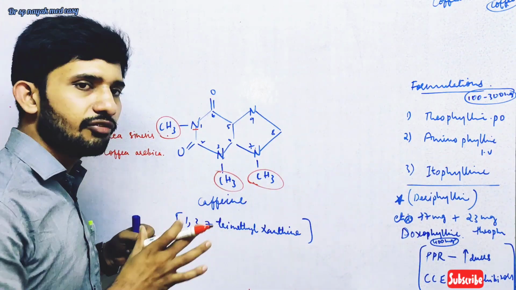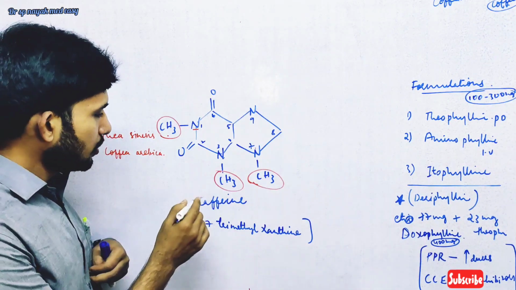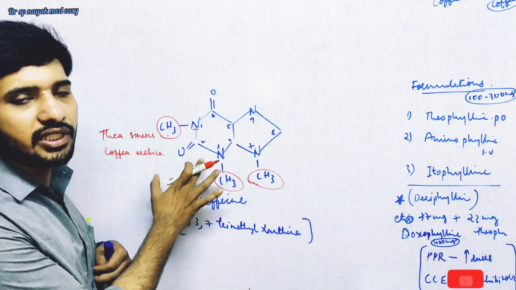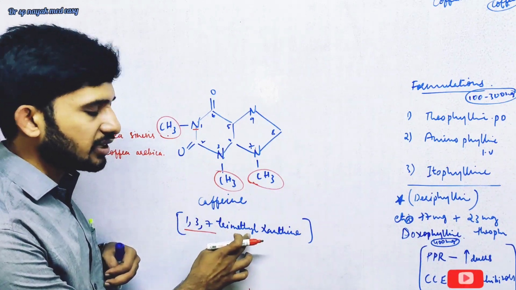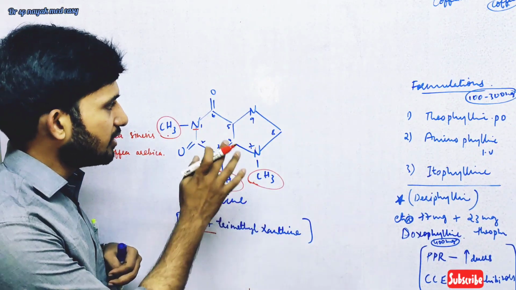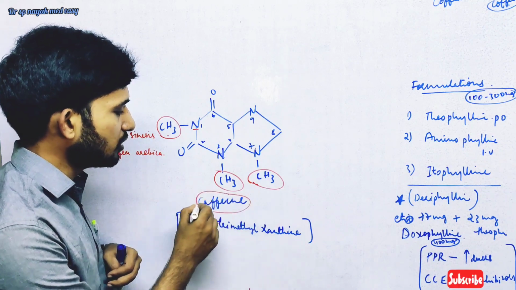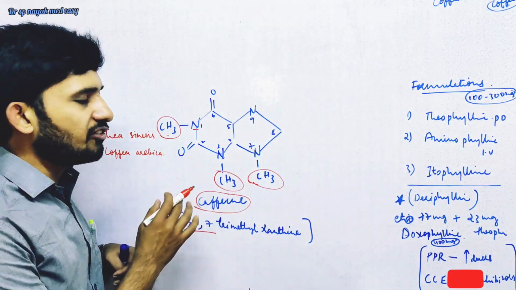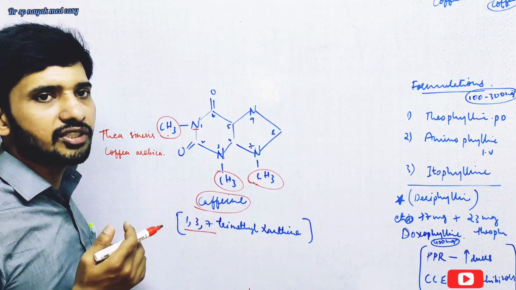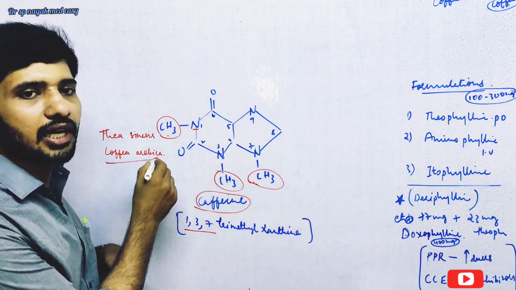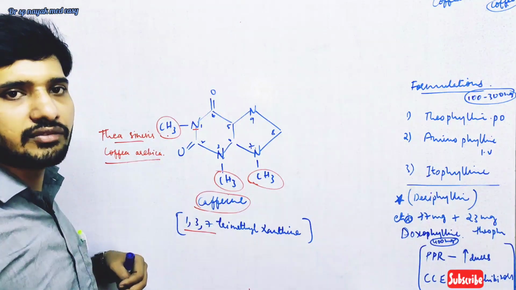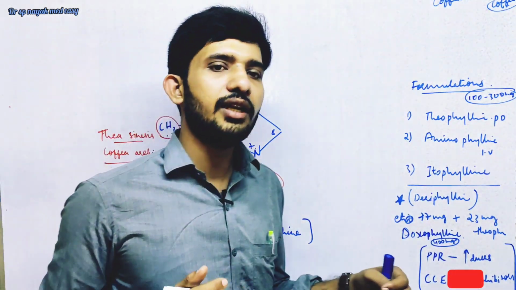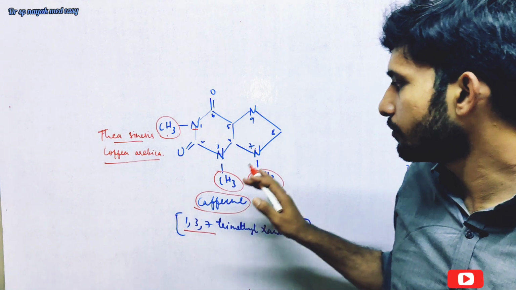The chemical name of this structure is 1,3,7-trimethylxanthine, and this compound is also called caffeine. Caffeine is one of the methylxanthines present in Coffea arabica coffee seeds, and it is also available in Thea sinensis, the tea plant, and in tea leaves we find this molecule.